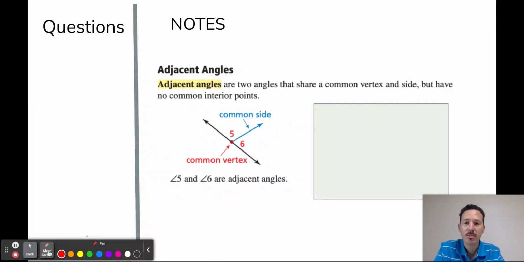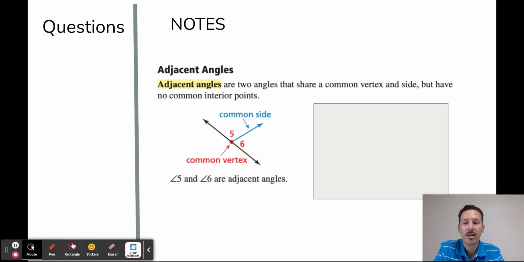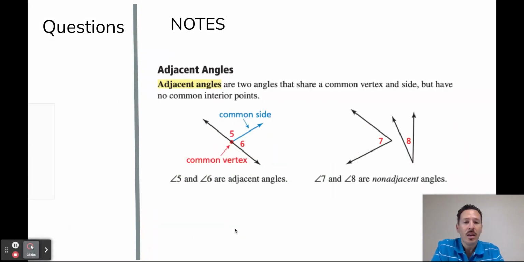It's important to know this, and you'll see why when we start looking at some of the other angles. These are not adjacent. Why are they not adjacent? Well, clearly they do not share a common side, and they do not have a common vertex, so they're not adjacent.